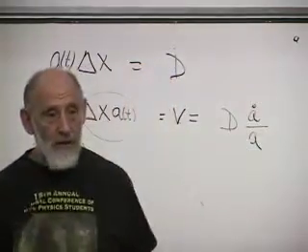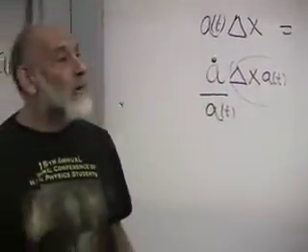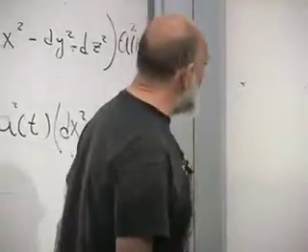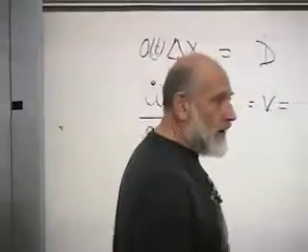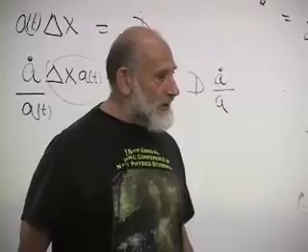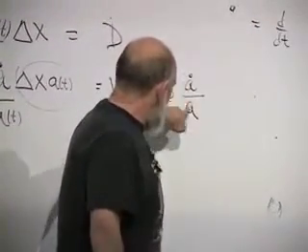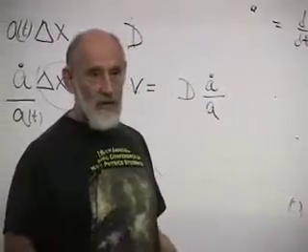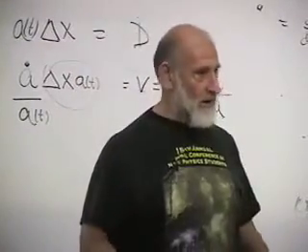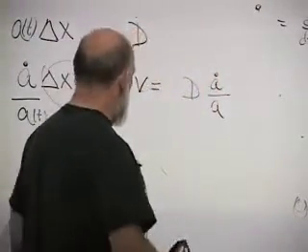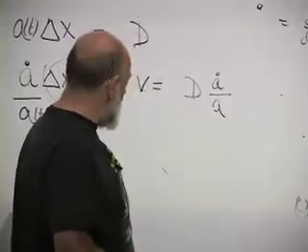There's another name for a dot over a? Hubble. The Hubble expansion. Sometimes called the Hubble constant. But it's quite obvious that in general, a dot over a is not a constant. It depends on time. A and a dot in general both depend on time.